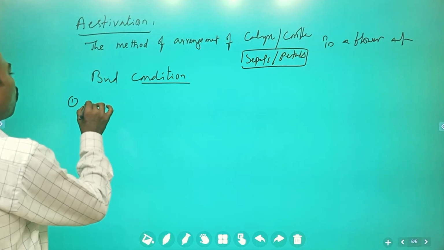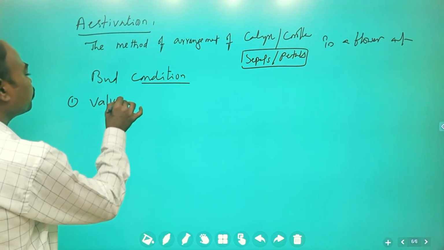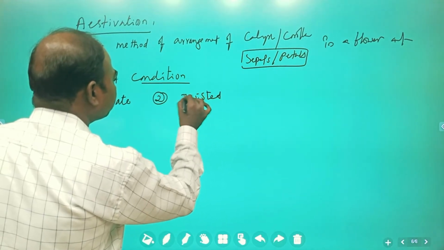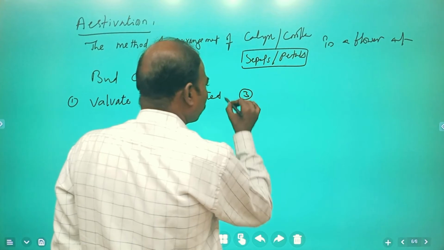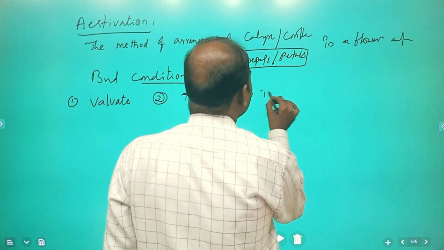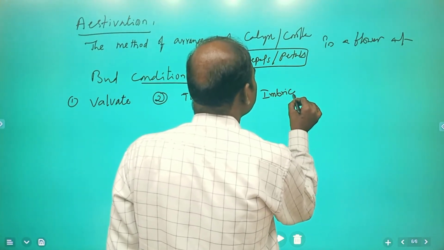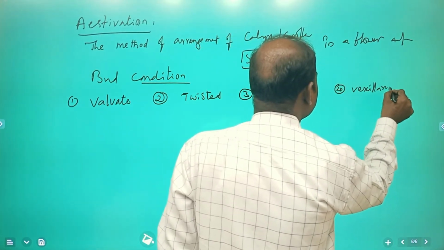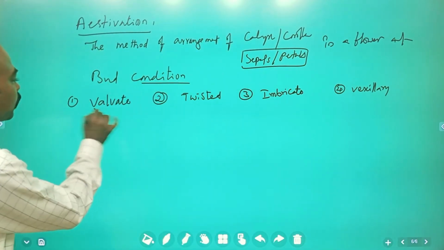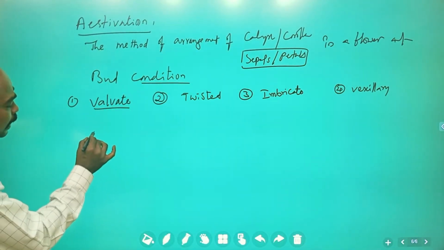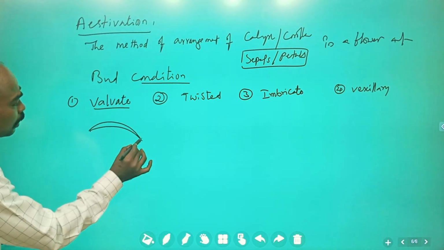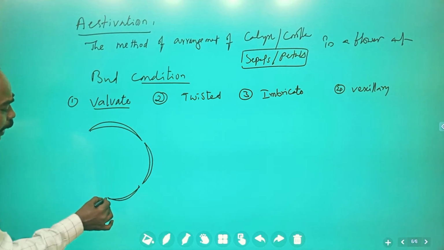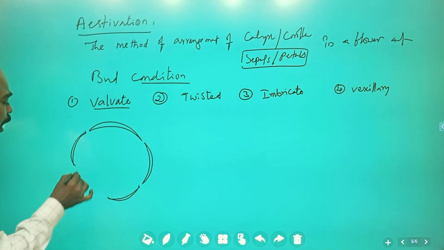That is valvate, twisted, imbricate, and vexillary. Valvate. The petals or sepals in a flower are arranged in a whorl with short gaps without overlapping.